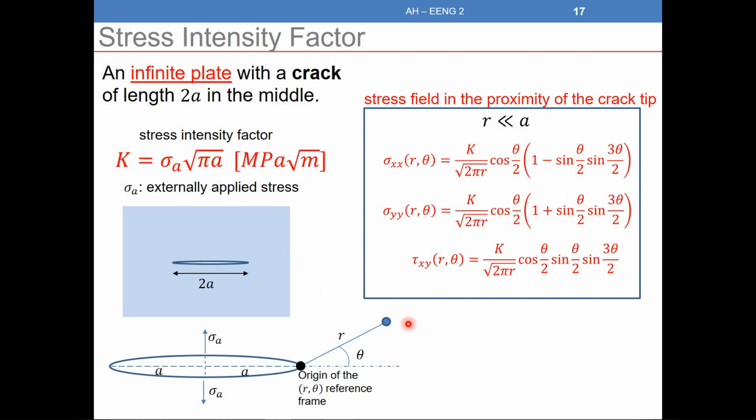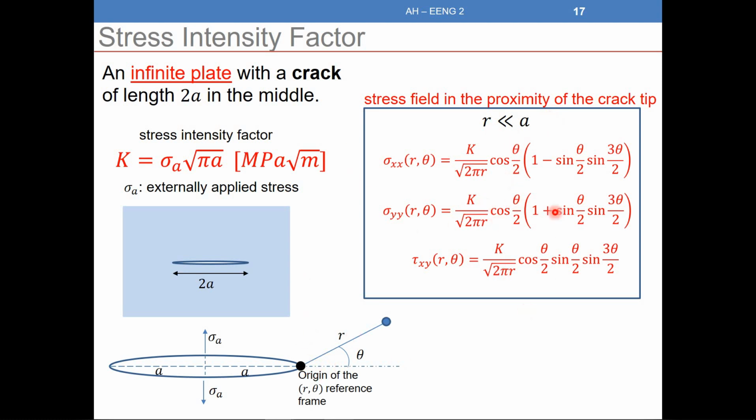Also, we said that the stress intensity factor will help us to find the stress at any point, the stress field at any point around the crack. So these are the formulas that are used in order to find the stress around the crack. As you can see, K here is the stress intensity factor. Depending on the distance r from the crack and the angle theta with the crack, we can find sigma x, sigma y, and tau xy in the plate.